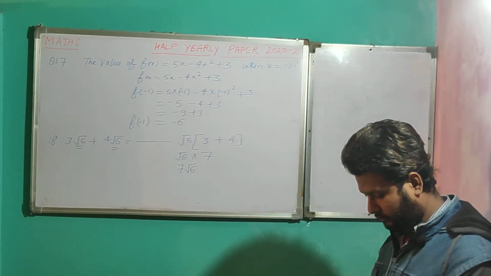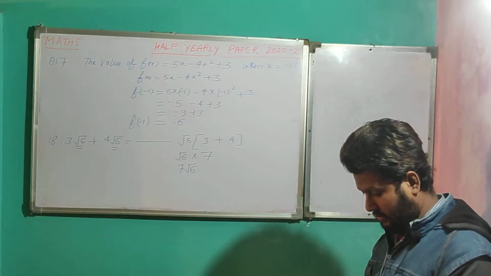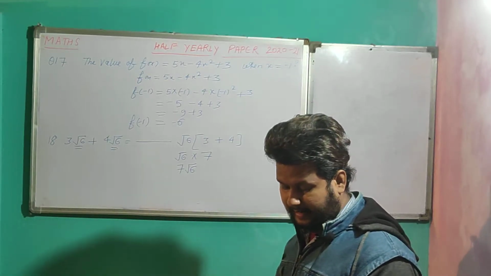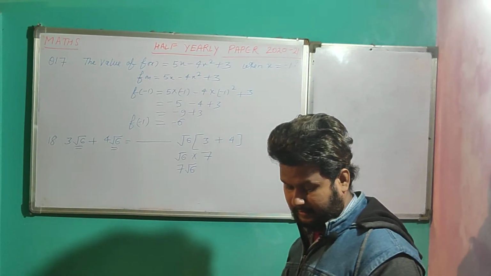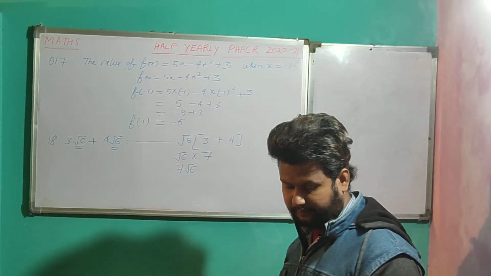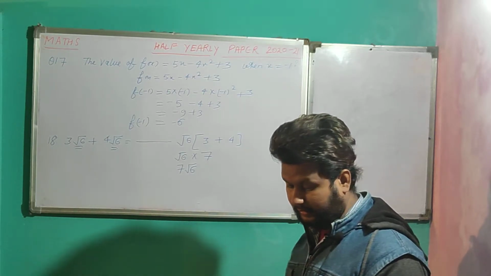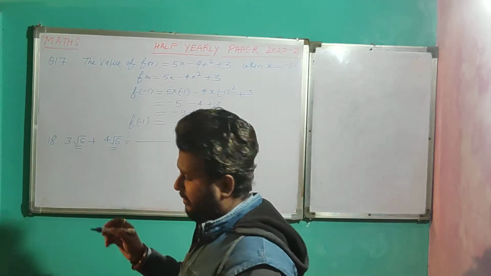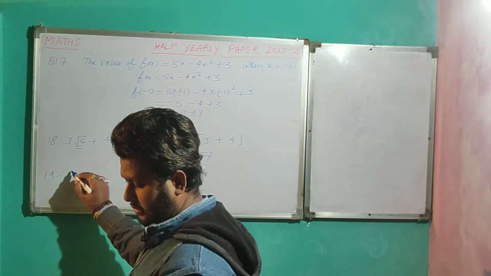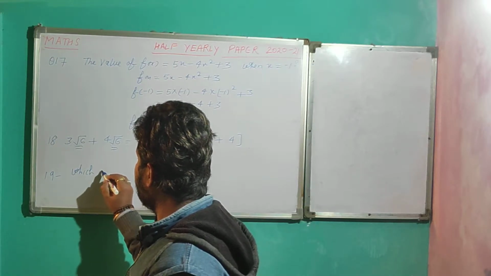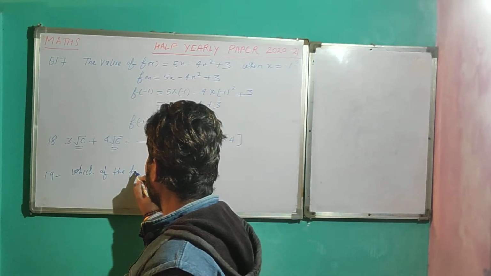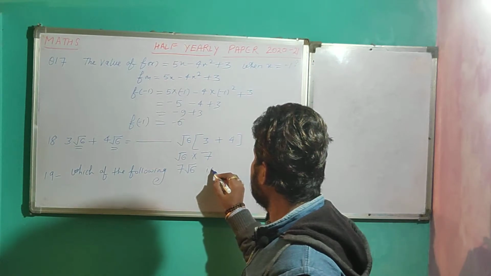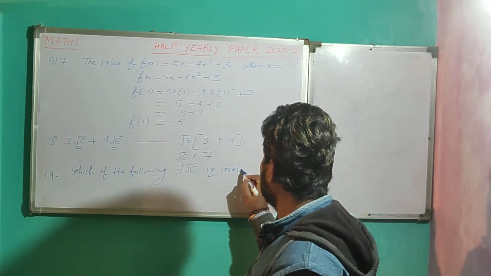Now question number 19. Which of the following is irrational?